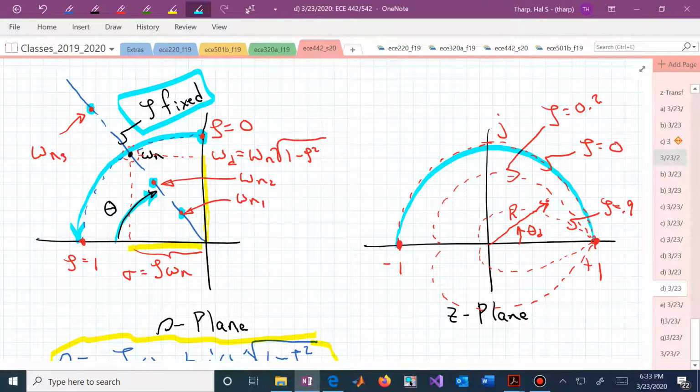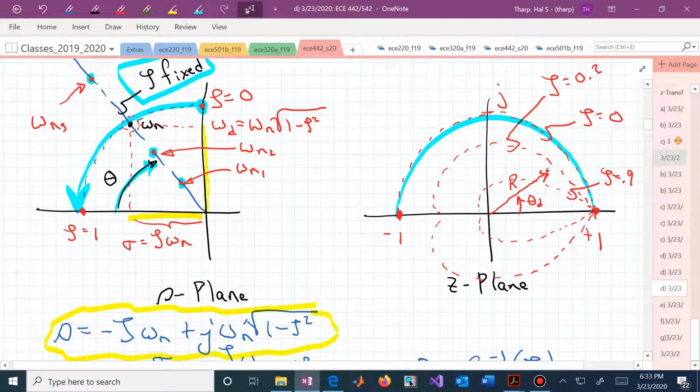If, however, we start increasing the zeta value on our way towards zeta equal to 1, then what we're trying to do is figure out how these particular constant values of zeta translate into shapes in the Z-plane.